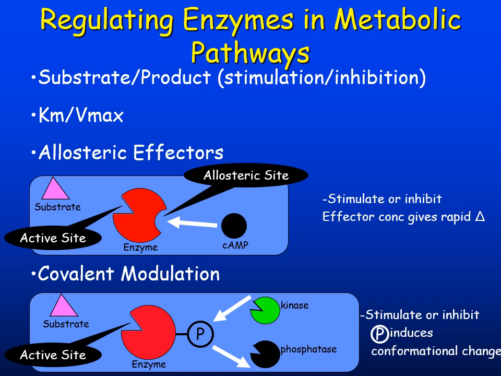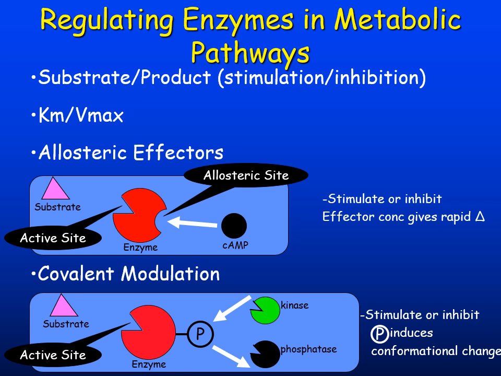Okay, now our third form of regulation is through allosteric effectors. You can see here I've given you a picture of an enzyme, and you can see the active site that it will act on the substrate through. An allosteric effector will bind to that enzyme at somewhere other than its active site, and you call that the allosteric site.